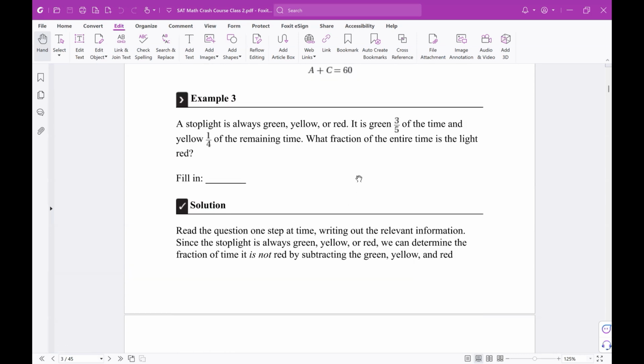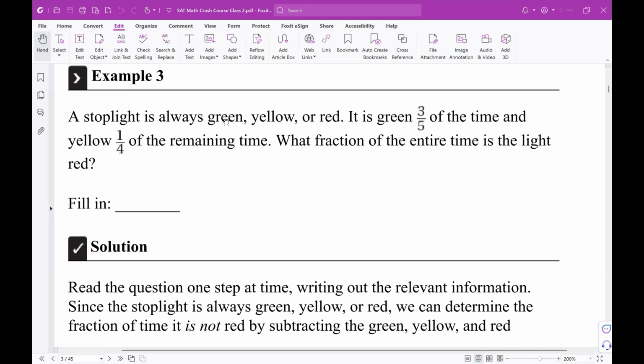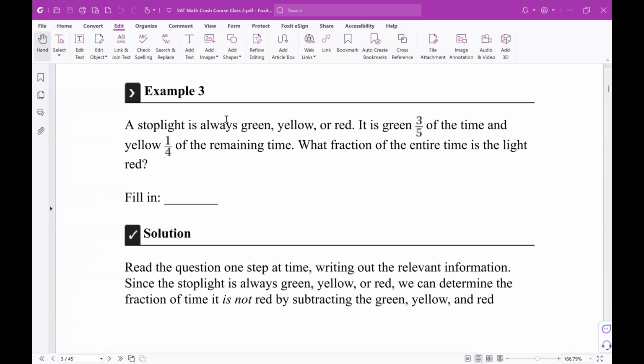Yes, exactly. So you can also solve it. That would be a homework problem for you, but the thing is, consider the whole time as equal to 1. You can consider the whole time as t. It is green 3/5 of the time and yellow 1/4 of the remaining time.